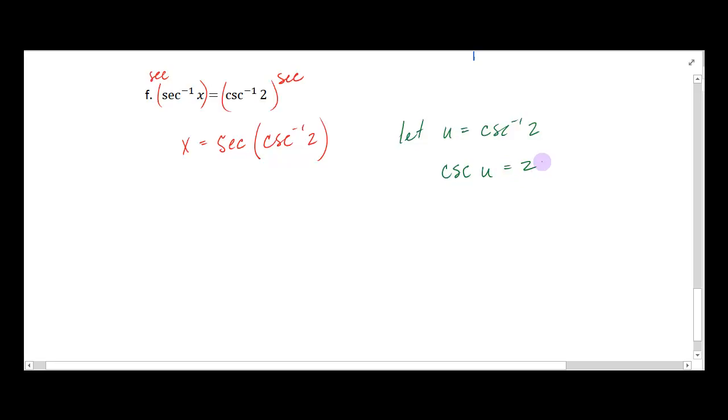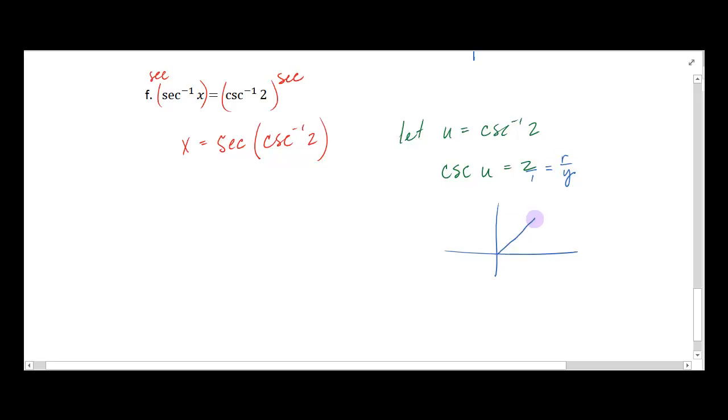And I use the definition of cosecant to draw my picture. We know I can write all numbers as a fraction, so that would be 2 over 1. And cosecant is r over y. So what does that tell me?